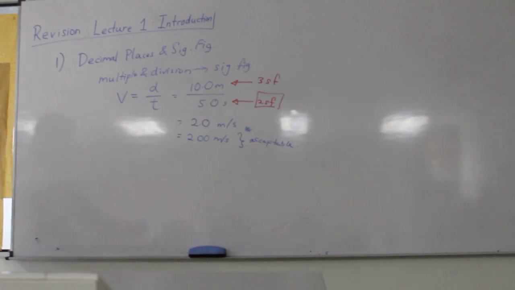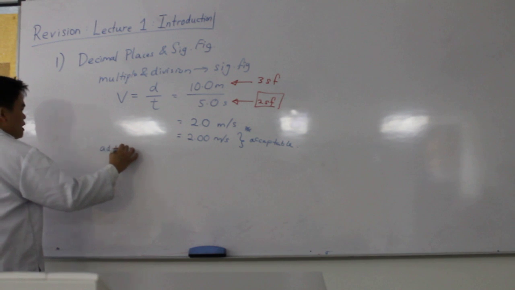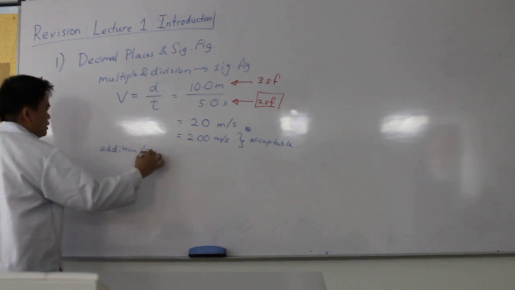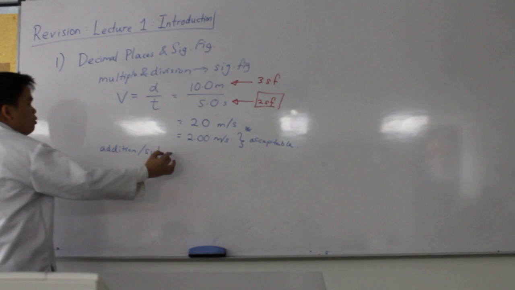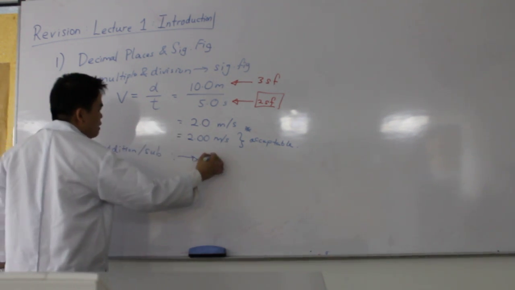And for the second part, which is addition and subtraction. For this one, we calculate based on the number of decimal place.